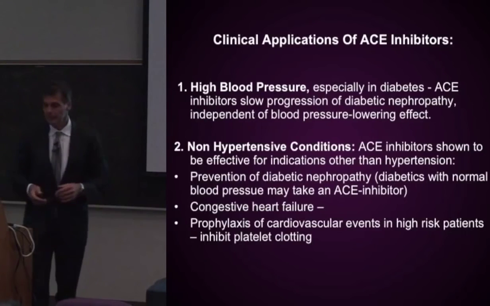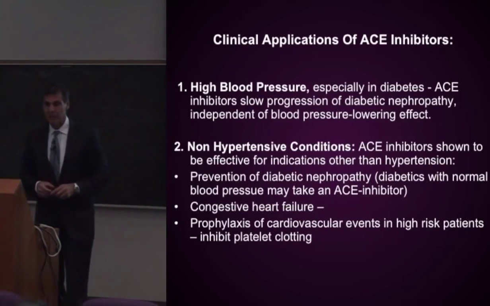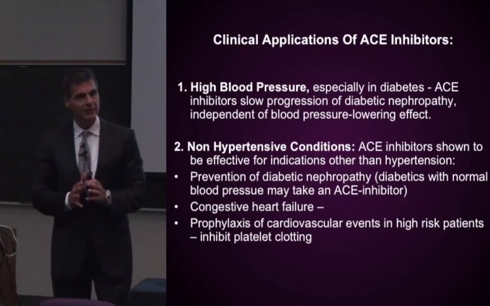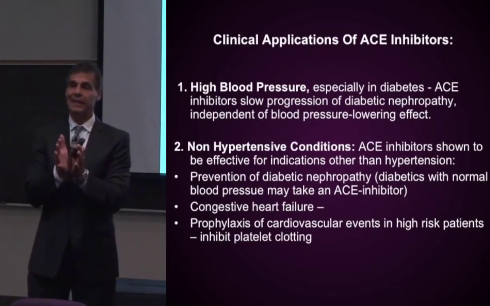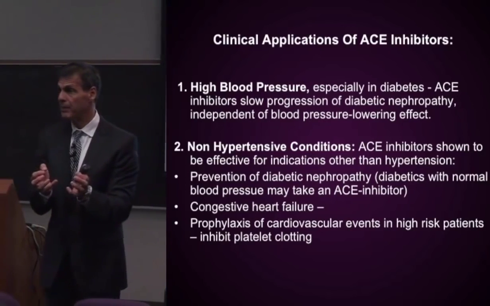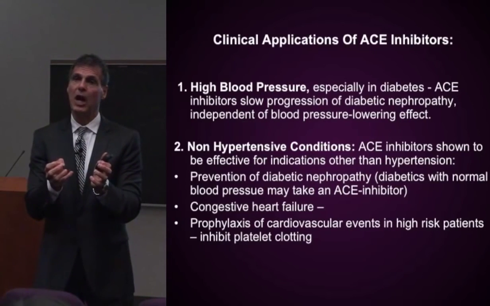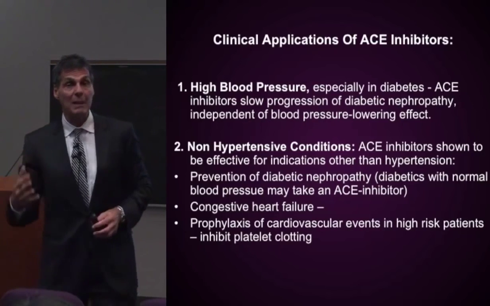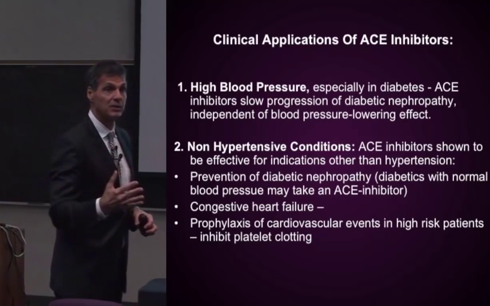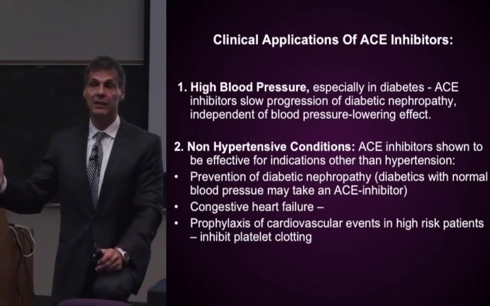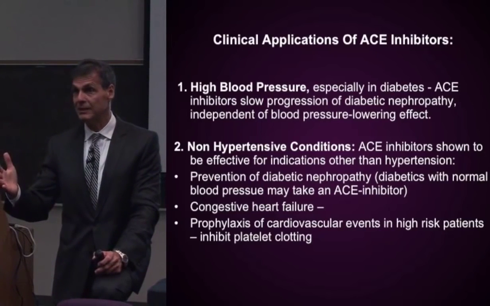So in high blood pressure, what really stands out in the research is how effective ACE inhibitors are in diabetics who have high blood pressure, at not only bringing their blood pressure down, but ACE inhibitors help to decrease the progression of kidney disease in a diabetic. The primary reason that a person is likely to require kidney dialysis later in life is because they develop diabetes.